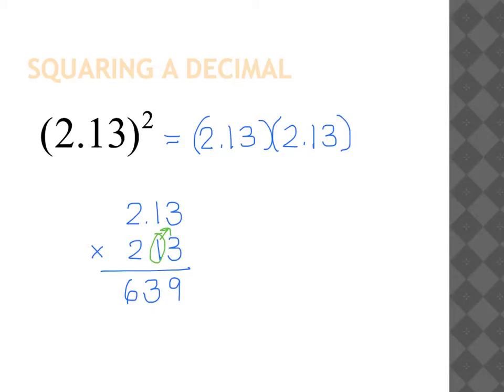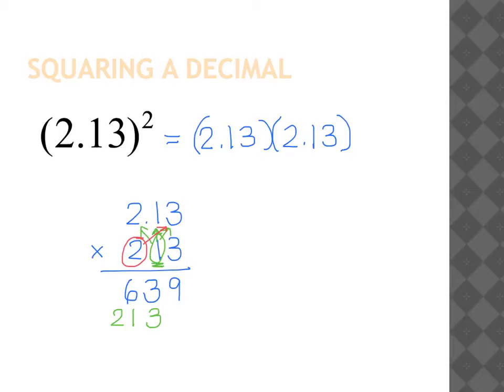And remember, when we're multiplying in the tens column, we want to make sure that we start in the tens place value. So 1 times 3 is 3, 1 times 1 is 1, 1 times 2 is 2. And then for our last row, we're going to take the 2 and multiply it by each of the digits above it.